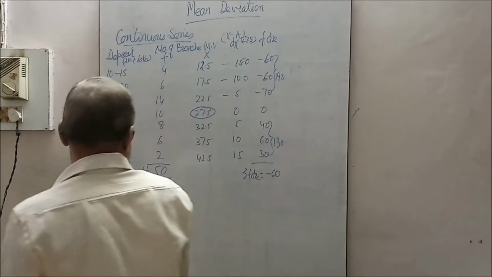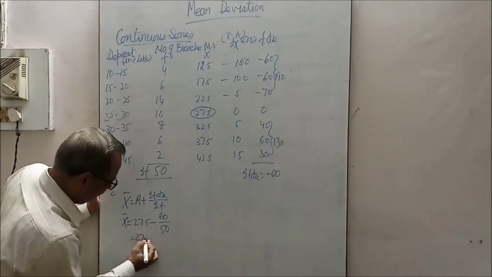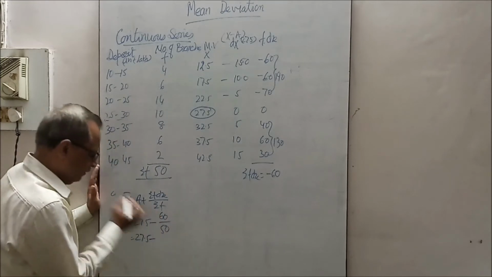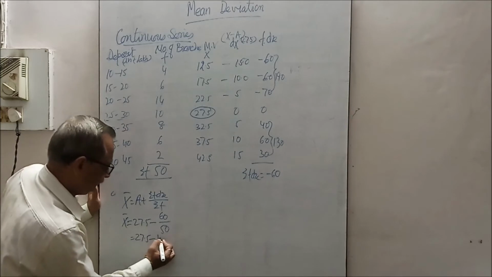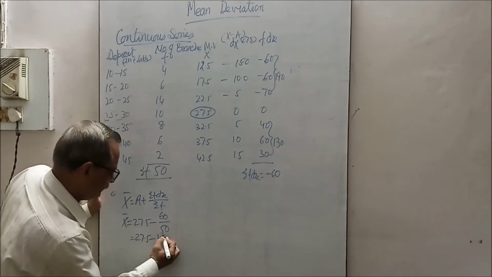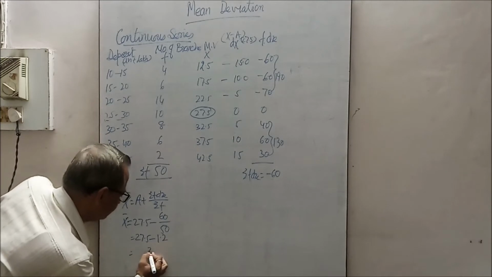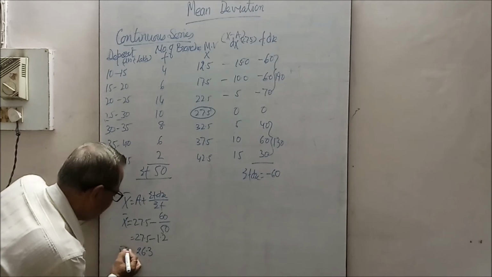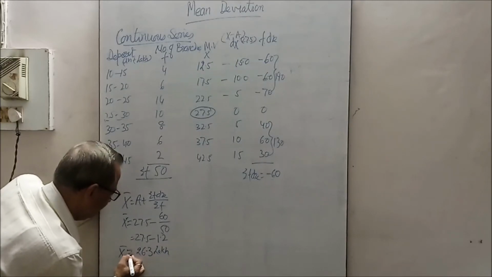The actual mean is 27.5 minus 1.2, which is 26.3 lakhs. This is the mean, in rupees lakhs, the actual mean.